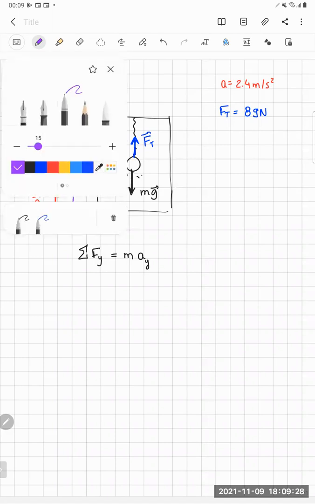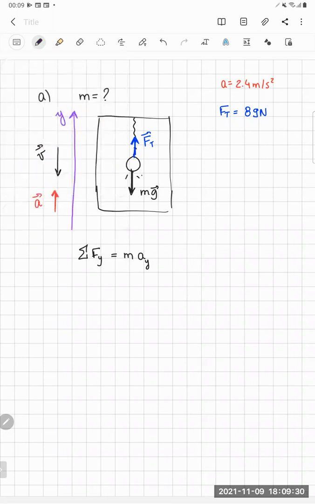Very well. So now let's put the forces in that equation. Tension force is pointing up, just like our frame. So tension force is positive. The weight of the object is pointing down, opposite to the frame. So we have here minus mg. That's what we have on the left side. These are the forces.